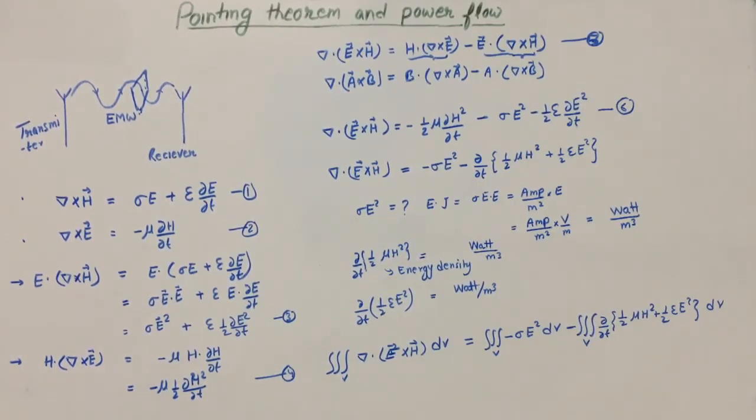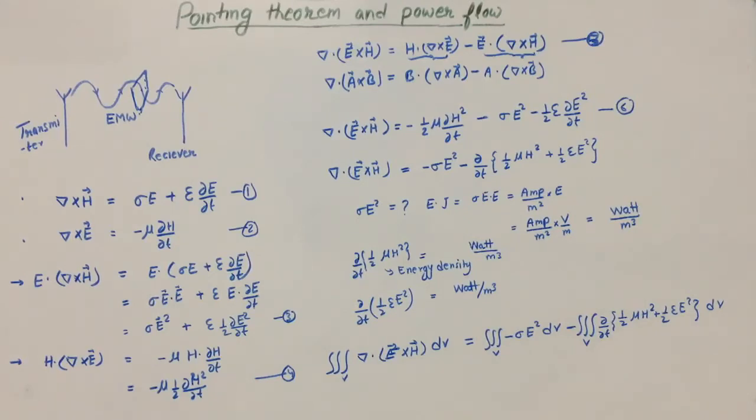In this way we can say this is the power in the wave, in a medium which has conductivity sigma, permeability mu and permittivity epsilon. So if a wave is propagating in a medium which has these values, then it has the power that is written here.